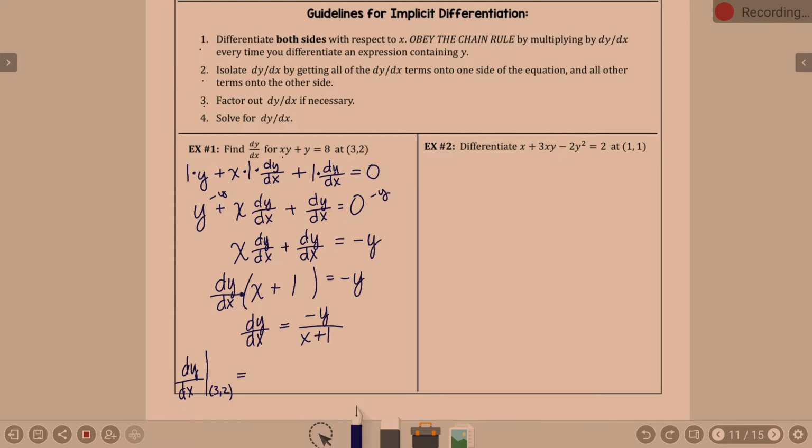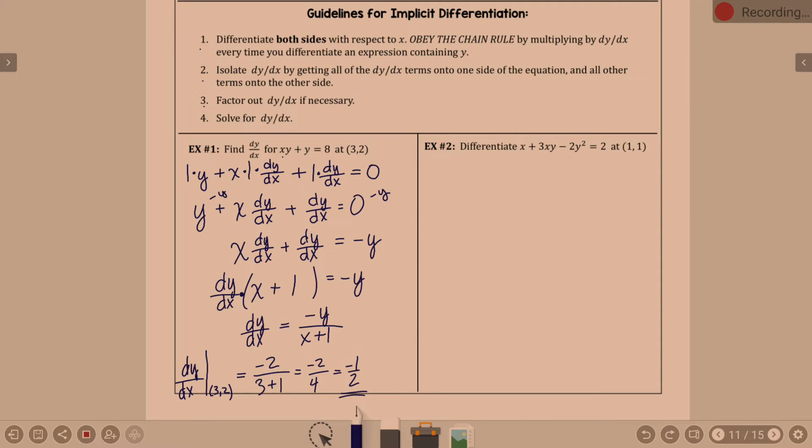So, negative 1. Yes, you should eventually get to negative 1/2. If you don't, ask, check my work against your work, see where you made your mistake.